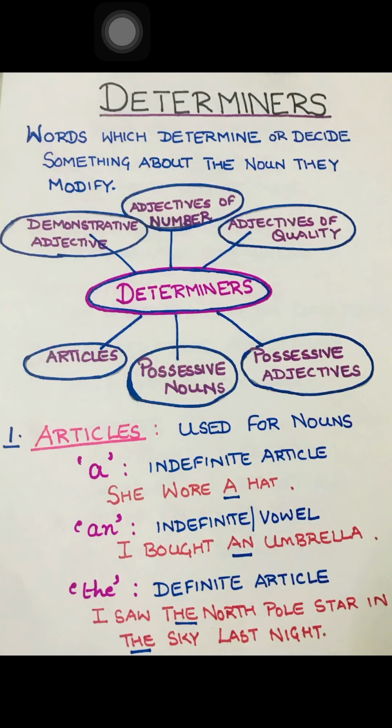That means H remains silent in it, which gives it a vowel sound. So an will always come before a word which starts with a vowel, or a word which has a vowel sound, right?